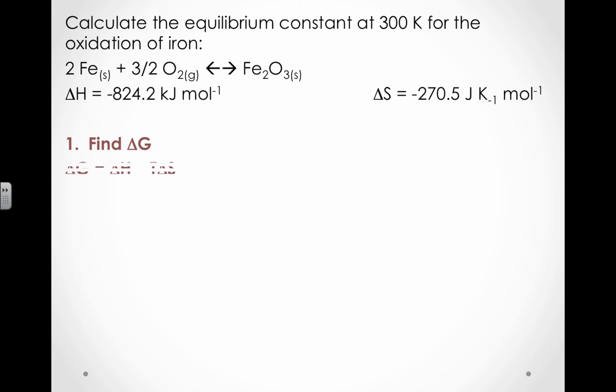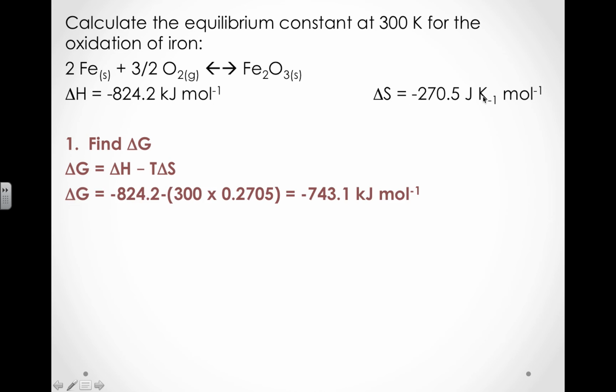So we're going to find delta G. We're going to use delta G equals delta H minus T delta S. You want to make sure your units match, kilojoules and joules. So I'm going to divide delta S by 1,000 here and plug it all in and get my value for G. And now that I have G, I can find K because I'll plug it in the other equation.